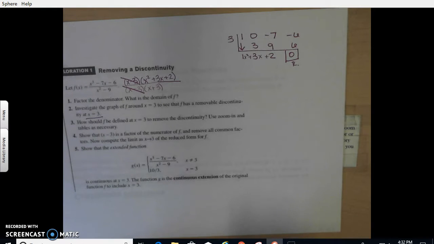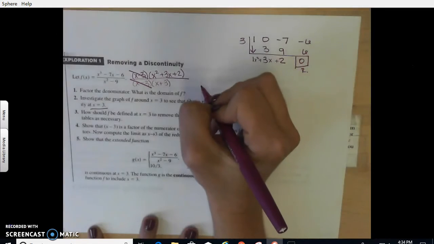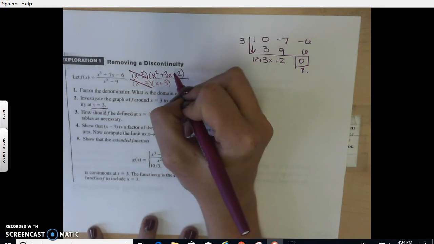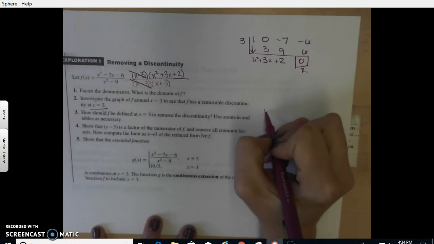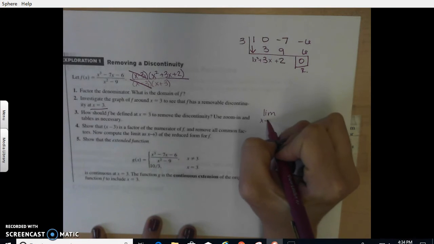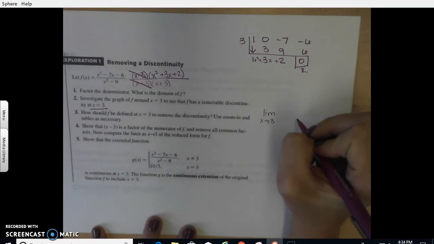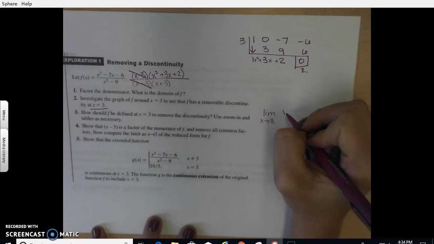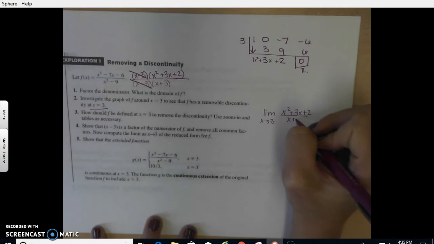So if I take the function where I took out the x minus 3, which was our common factor in our numerator and our denominator, I'm going to find the limit as x approaches 3 of our new function, which would be x squared plus 3x plus 2 over x plus 3.